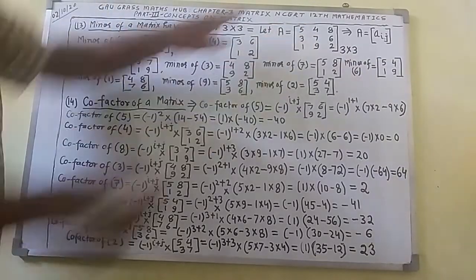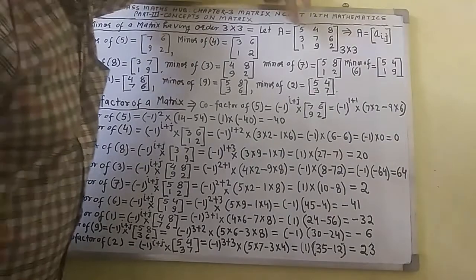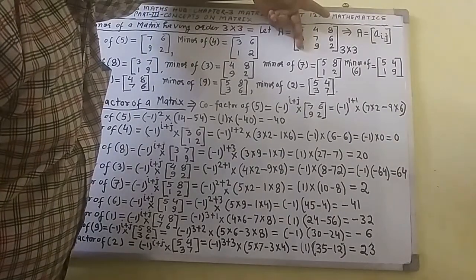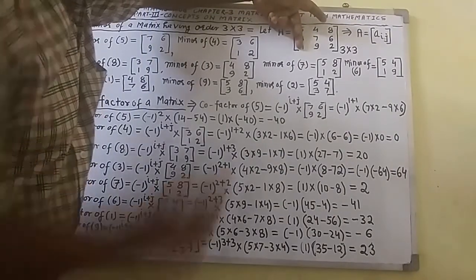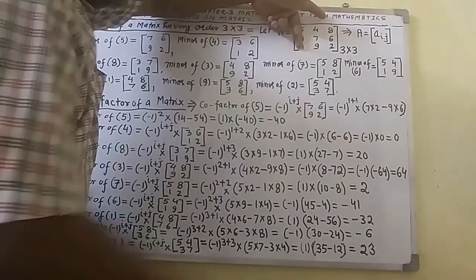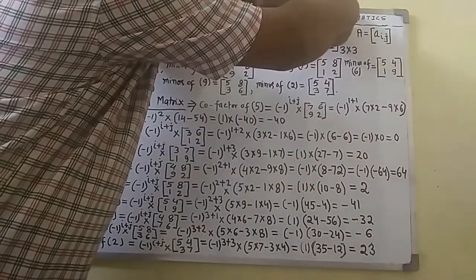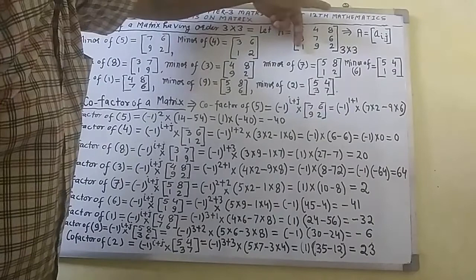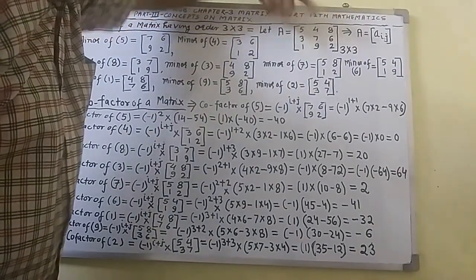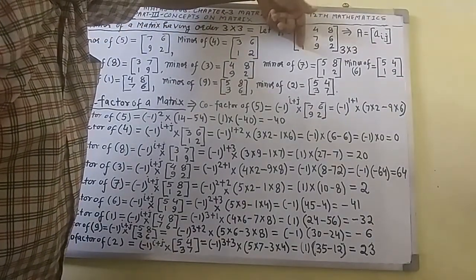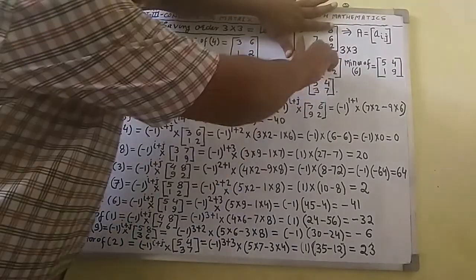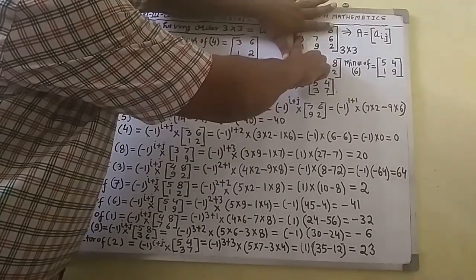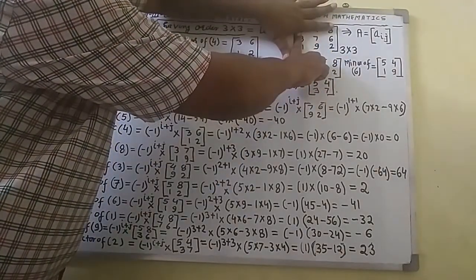So you have to hide this row and this column. You will hide this one, I will write this one. So if you hide this like this, you will get the minor of element 5.